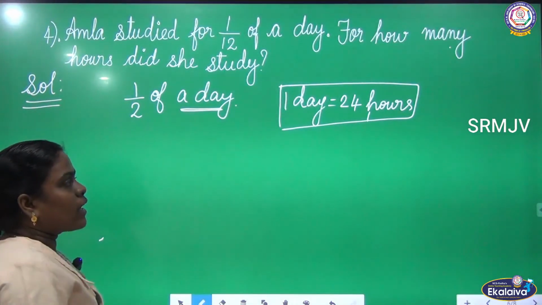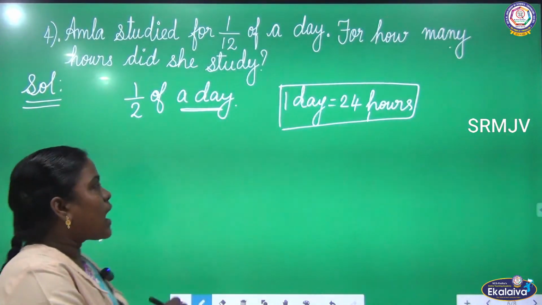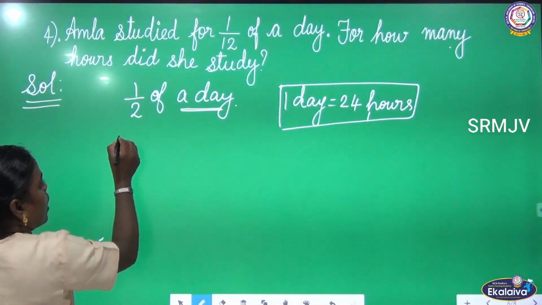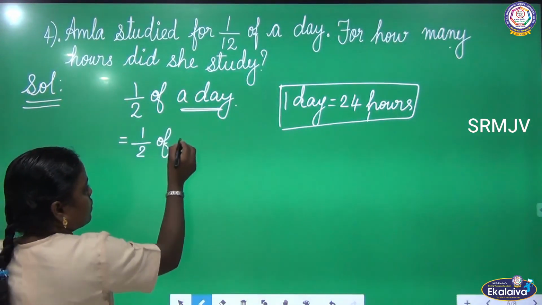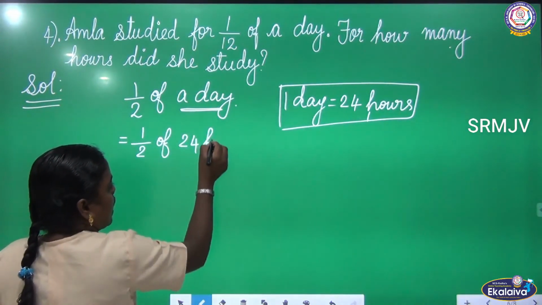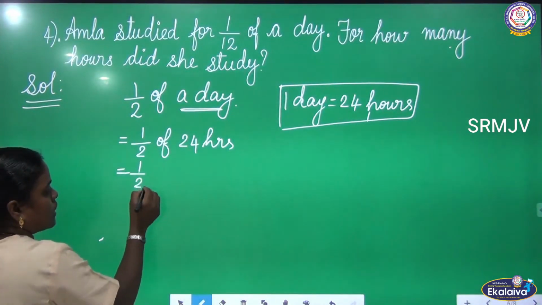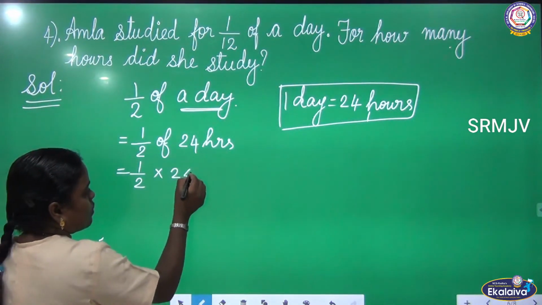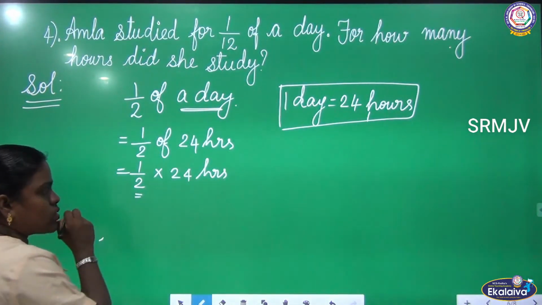We are going to find out how many hours she studied in 24 hours. So 1 by 2 of a day equals 1 by 2 of 24 hours. So multiply the fraction and the number 24 hours. So here the denominator is 2.